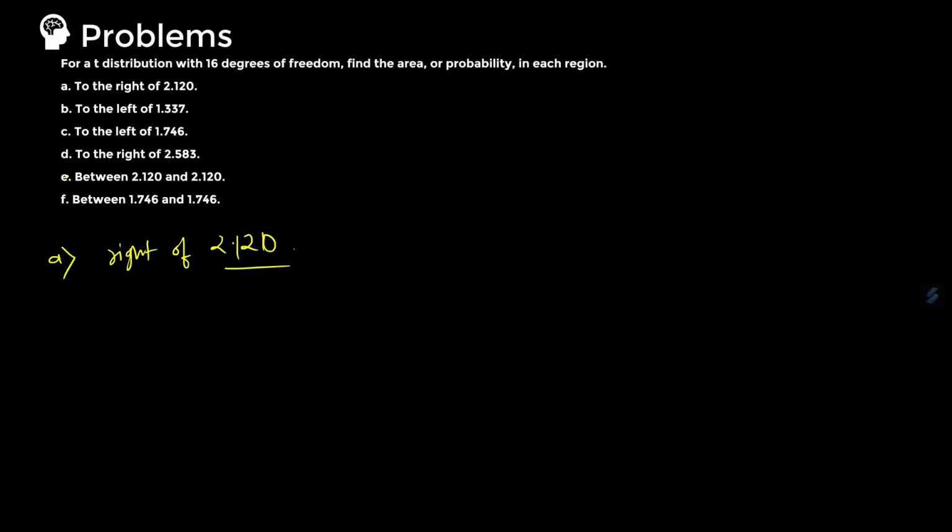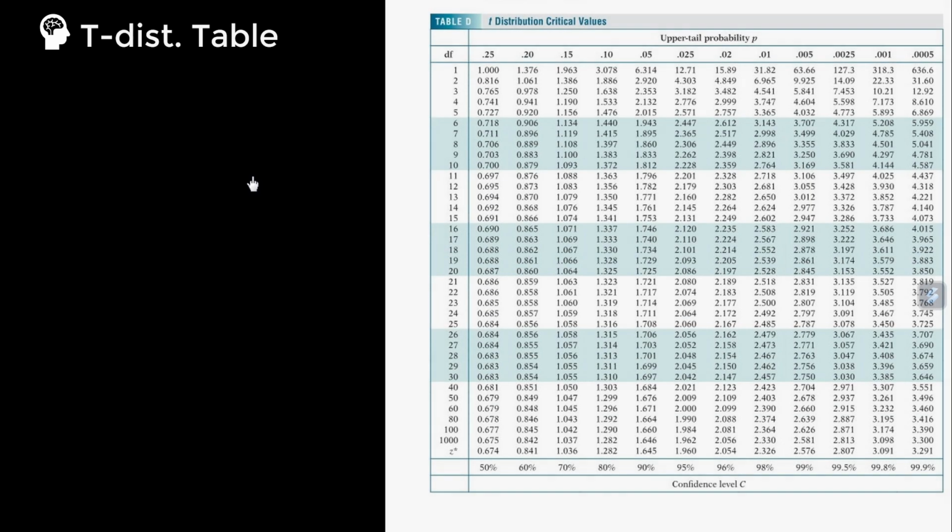Let's understand the last problem, which is between negative 2.120 and positive 2.120. So let's understand what this is.